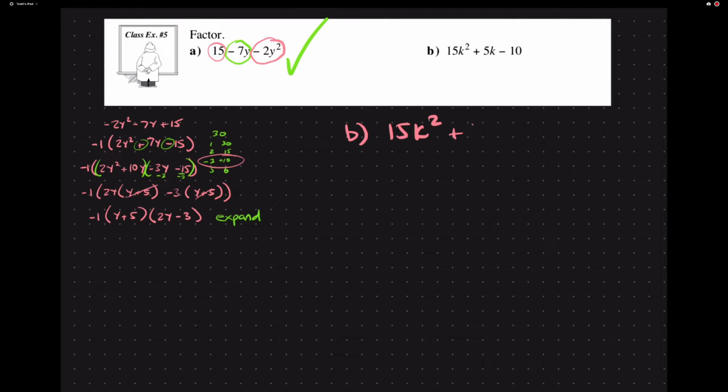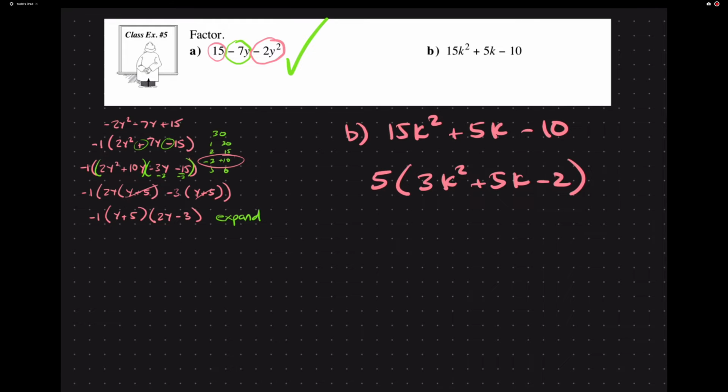15k squared plus 5k minus 10. So now in this case, notice that we got a 15, a 5, and a 10. They all have the factor 5, so we can pull out a common factor here. So I guess the first thing we should do is pull out the 5, leaving us with 3k squared plus 5k minus 2.